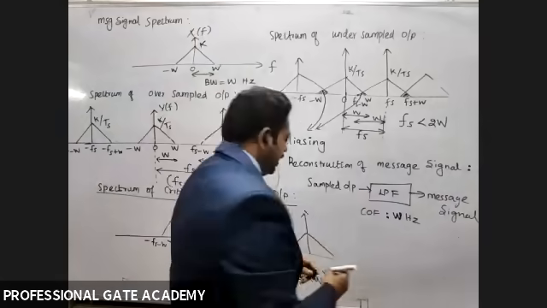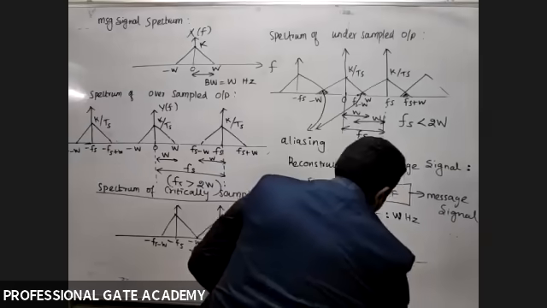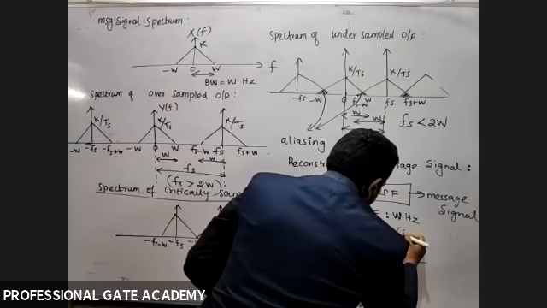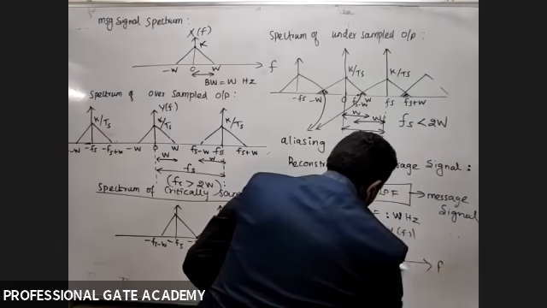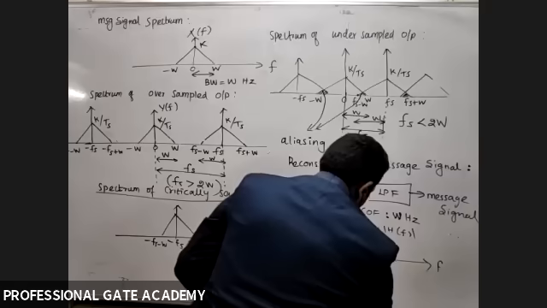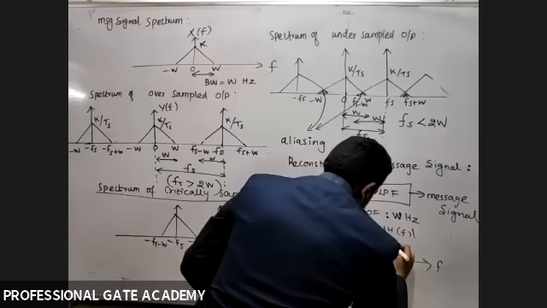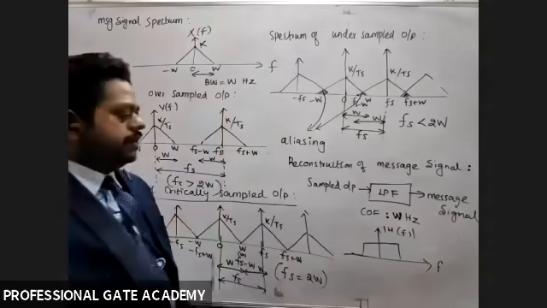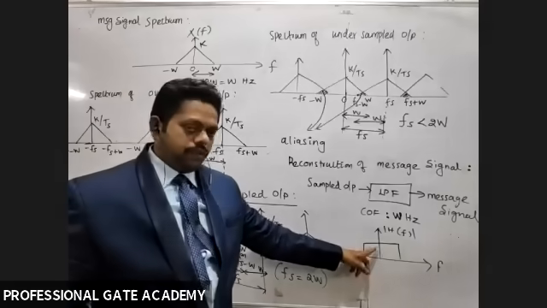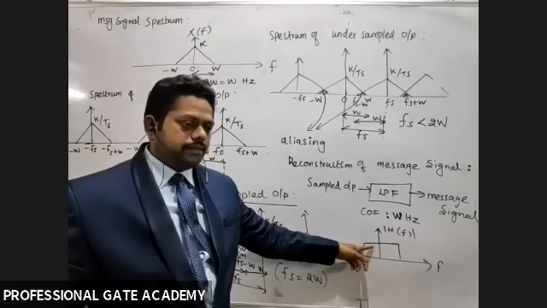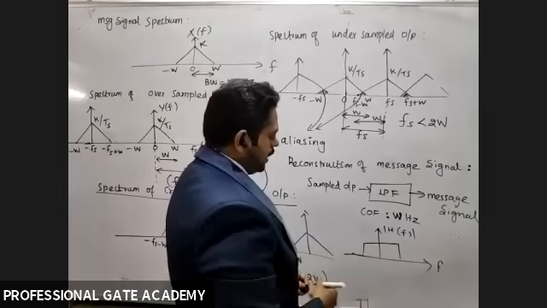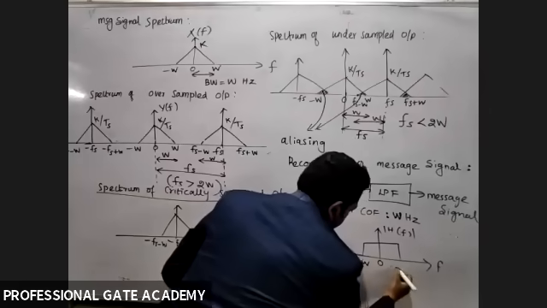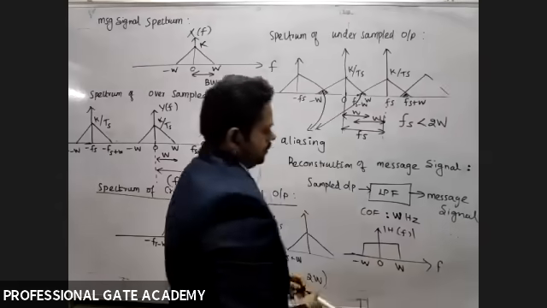Now, how will you draw the spectrum of the low pass filter? Modulus of H of f. Students, tell me, is it the spectrum of a low pass filter or band pass filter? Low pass, sir.